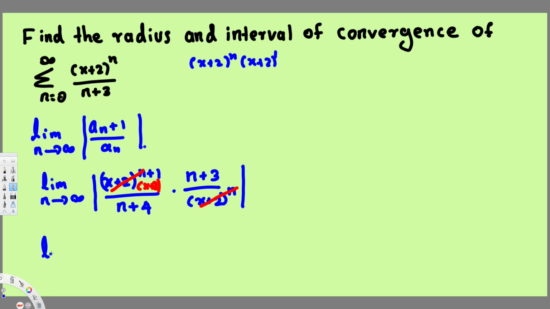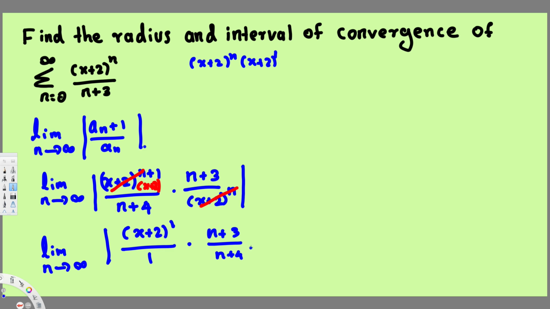We are going to have the limit as n approaches infinity of (x + 2)^1 times, let's put 1 over here, (n + 3) over (n + 4), right? Since we are applying the limit only for n values, we can take this (x + 2) outside.